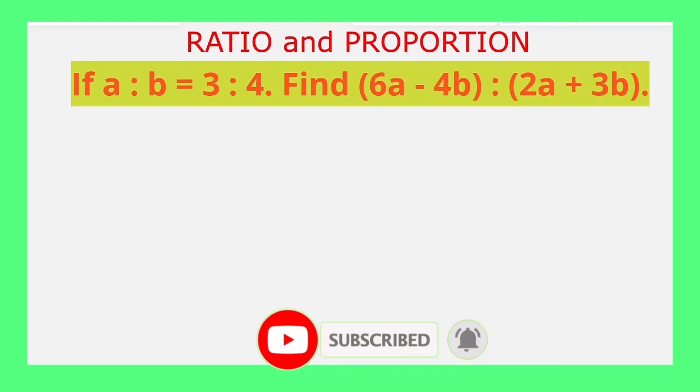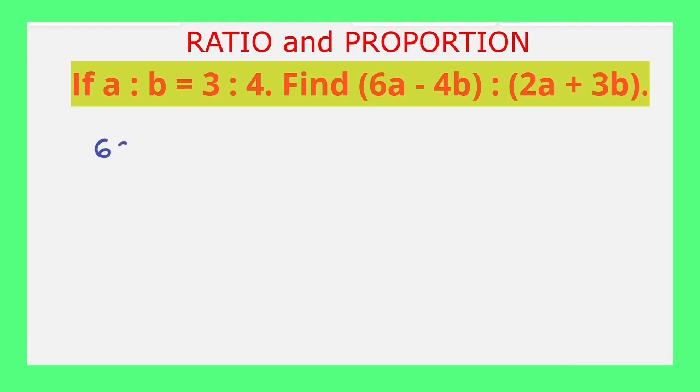So we can write A equal to 3 and B equal to 4, and we can put the values of A and B in the given question and solve the question. So we have to find 6A minus 4B upon 2A plus 3B, and we can directly put the values of A and B and get the answer.